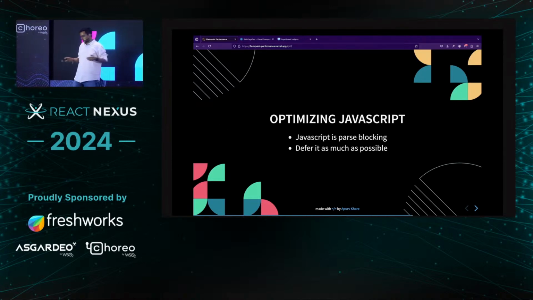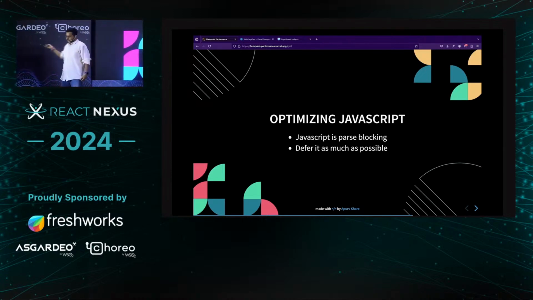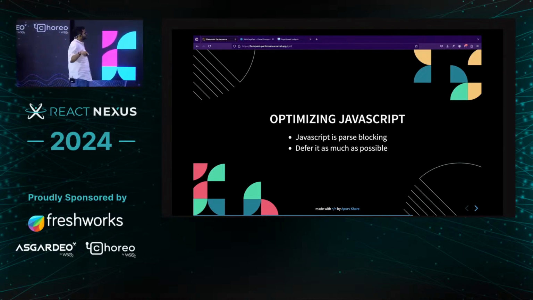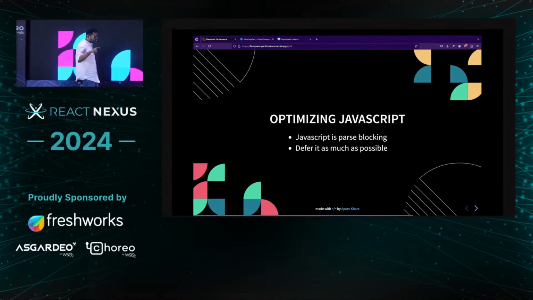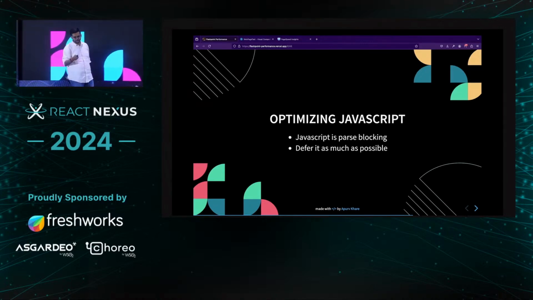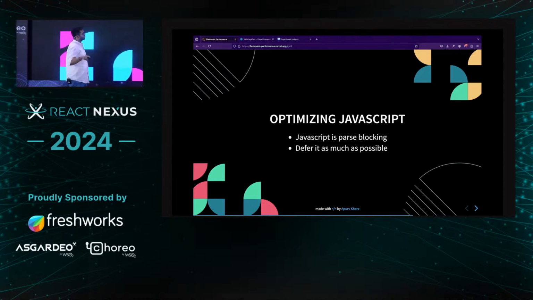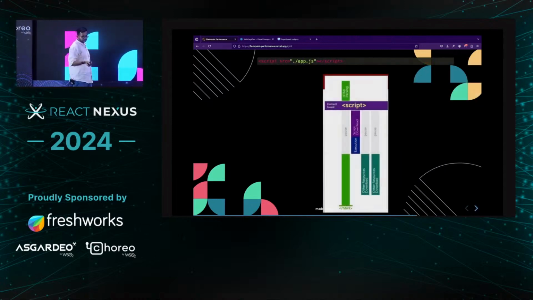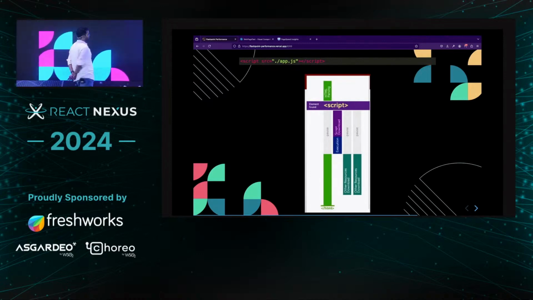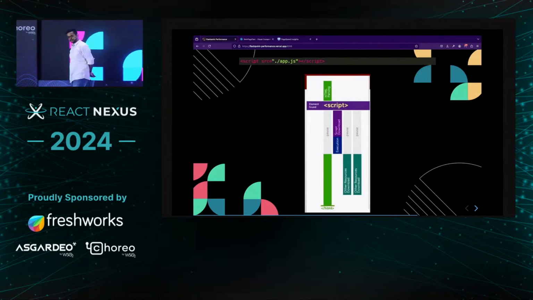The next is optimizing JavaScript. JavaScript is parse blocking, and you should defer it as much as possible. Let's understand what I mean by this, and this section will also explain a good question which is asked in interviews. Consider a React app which is client-side rendered.